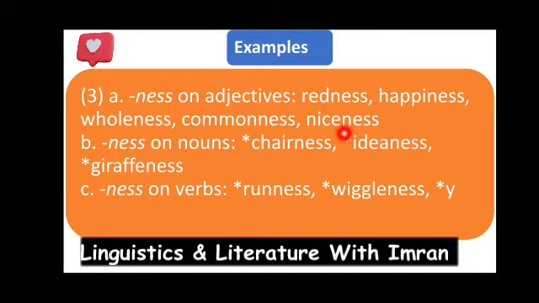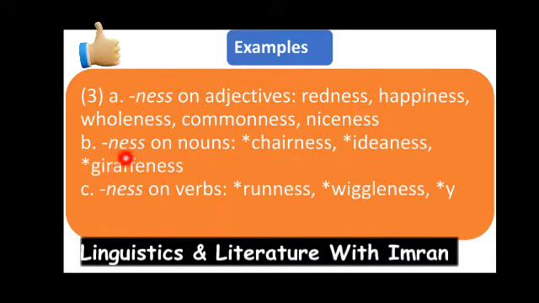But you can't add the suffix "ness" on a noun, like chairness and ideaness or giraffeness. We can't say chairness, we can't say ideaness, or we can't say giraffeness. So this is a rule.